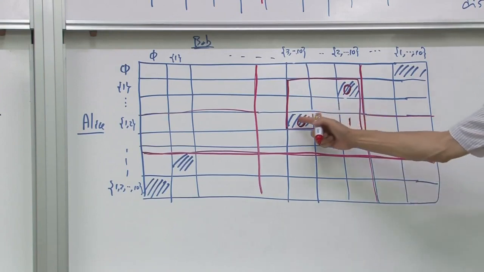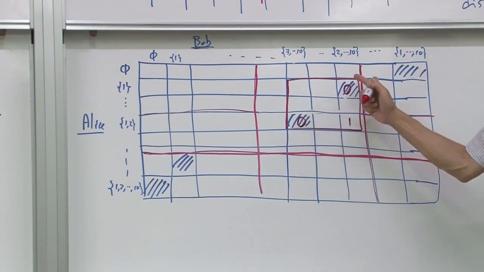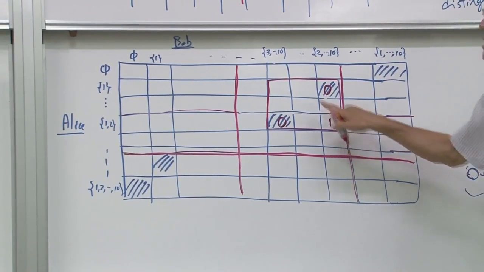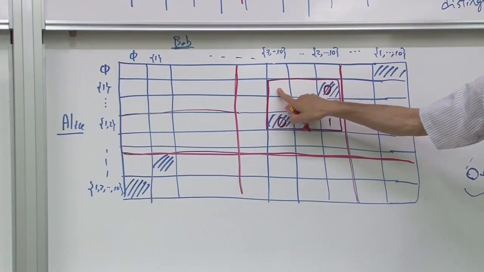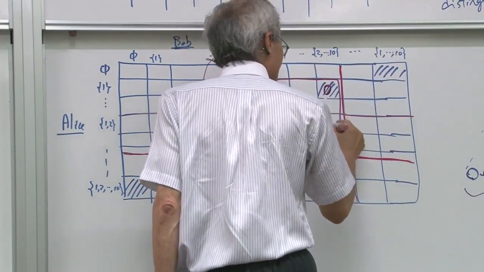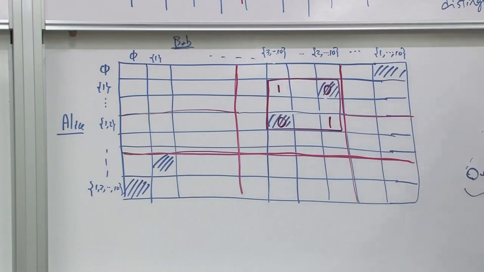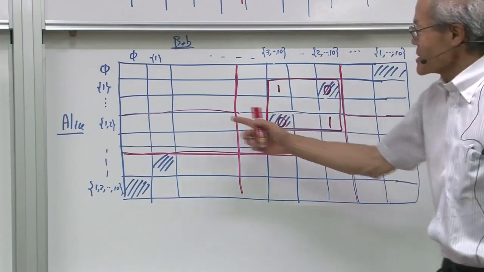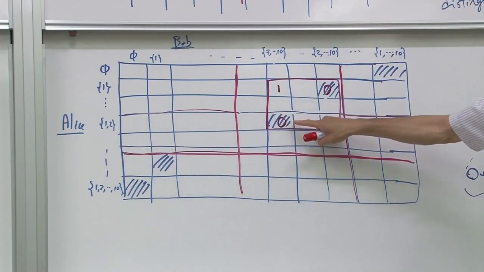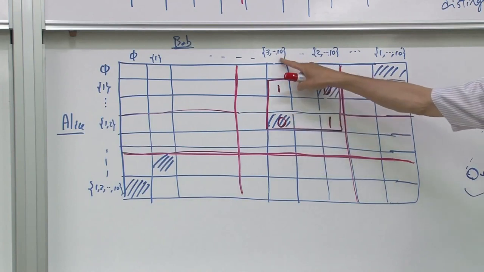If those two cells are in the same rectangle, then this cell must be in the same rectangle, and this cell must be in the same rectangle. But the answer of this cell should be 1. Is that okay? Because it's obvious. This is Alice's set, and this is the complement.